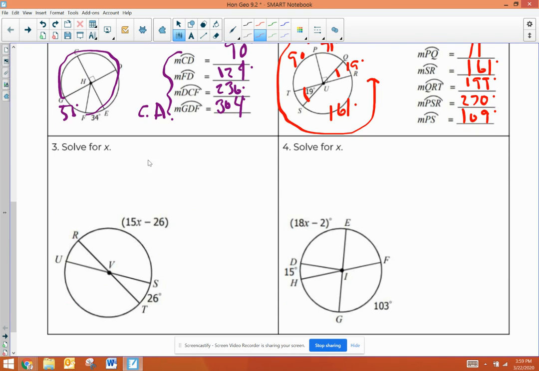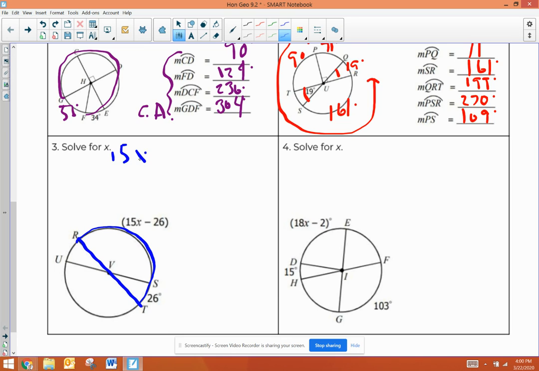All right. Solve for x from these next two. So this will involve a little bit of prior knowledge and algebra. So when I'm looking at this, I have the measure of RS and I have the measure of ST. And when I add those together, since that's a semicircle, because RT is a diameter, it's equal to 180.